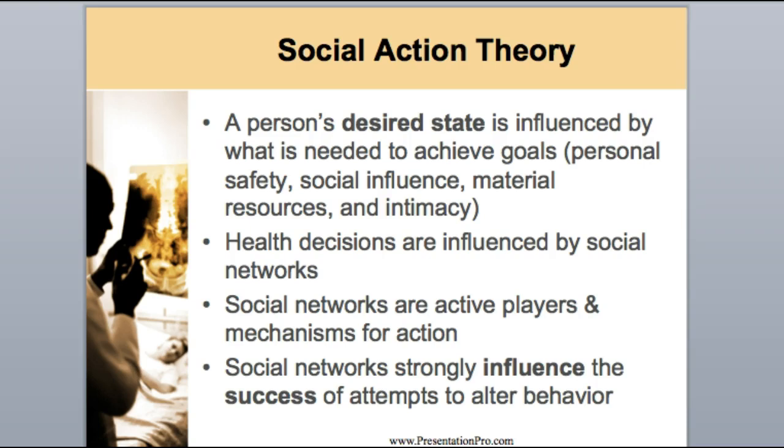Either way, the person's desired state is connected directly to what they feel their needs are at that time. Health decisions are then influenced by their social networks, and social networks are active players and mechanisms for action within this theory. Social networks strongly influence the success of attempts to alter behaviors.